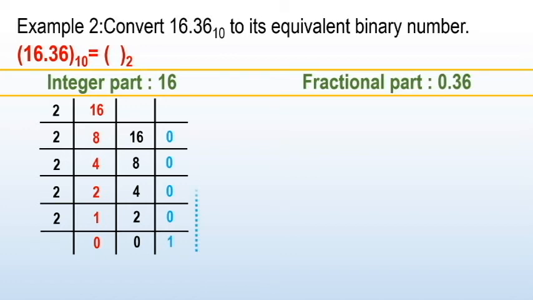So we solved the integer part here. 16 in decimal is equal to 10000 in binary.